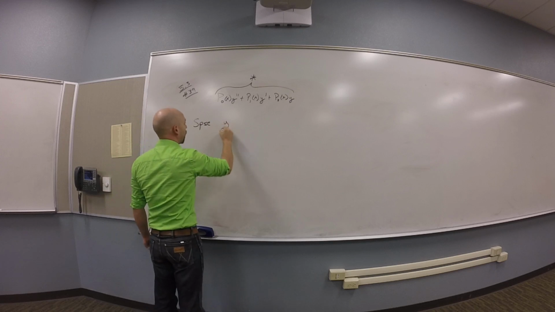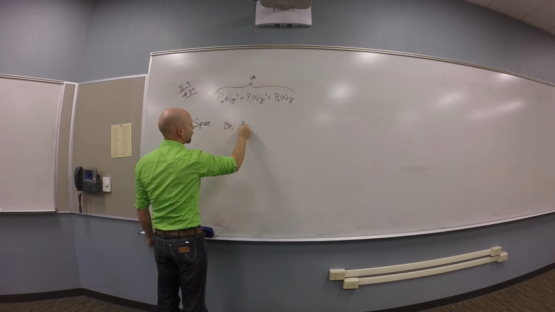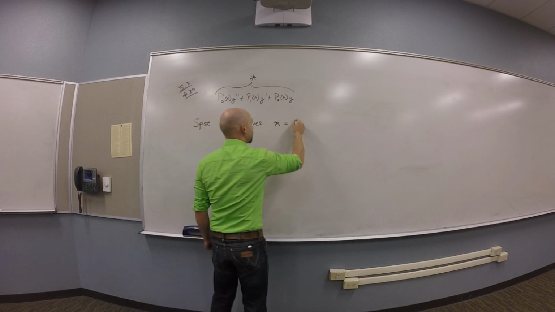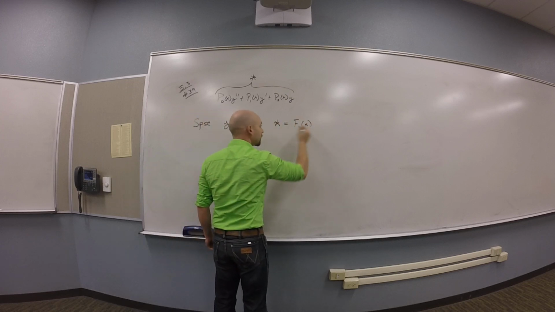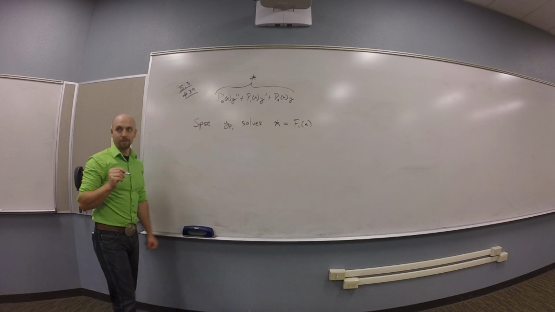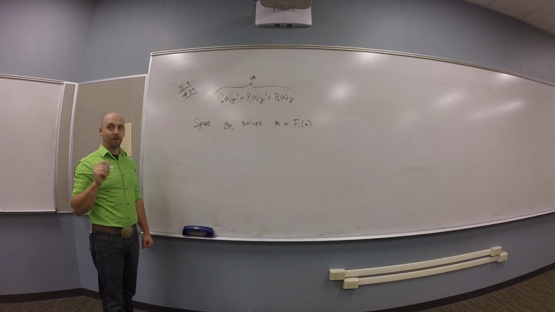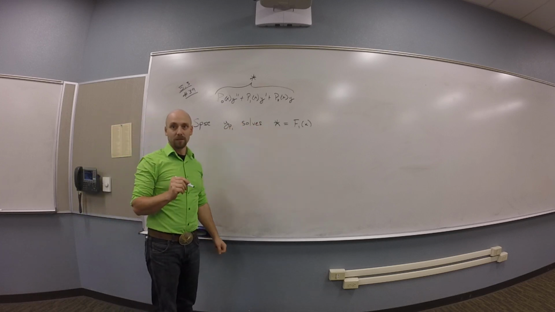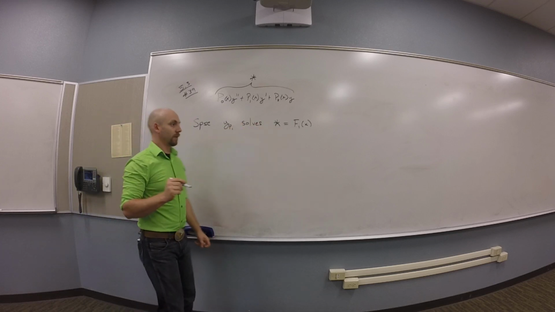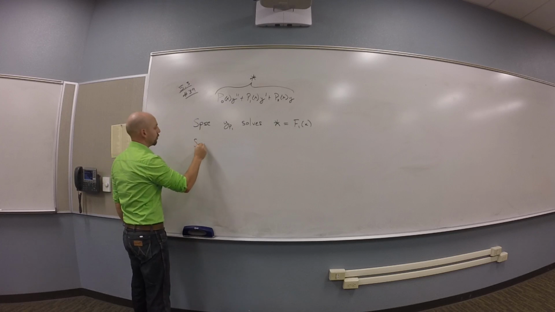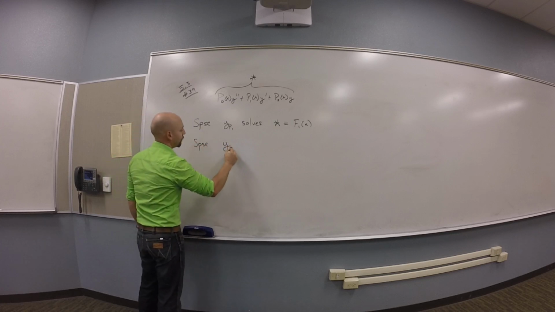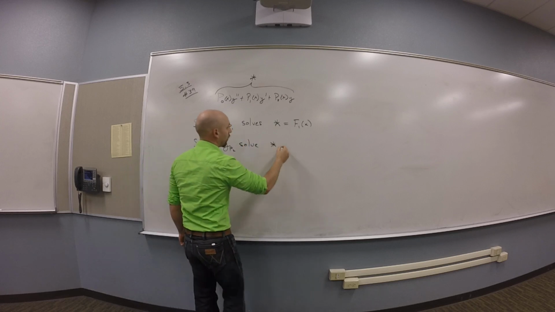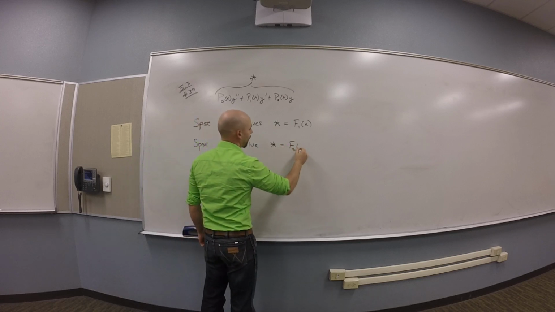I am supposed to suppose that yp1 solves star equals f1 of x. In other words, I found some solution for some external forcing. And then I'm also supposed to suppose that yp2 solves star equals f2 of x.